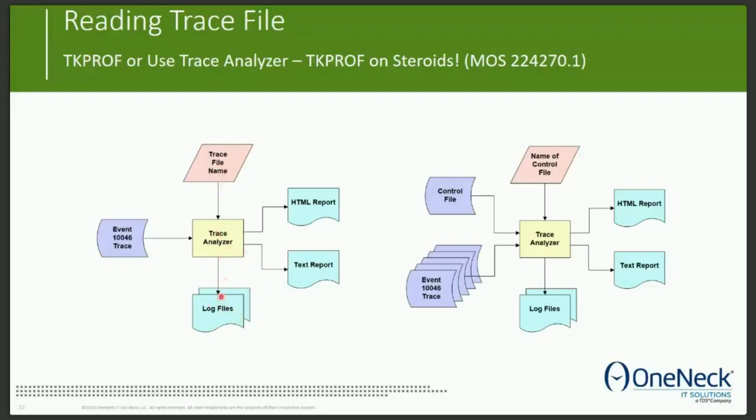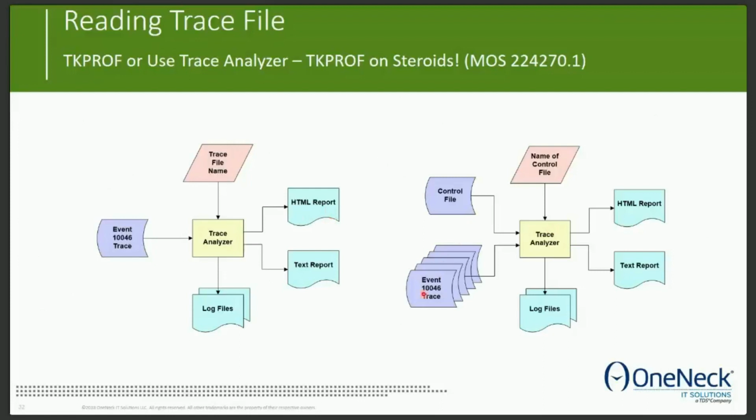It gives you a text file output and an HTML output of the trace file, which is a human readable form in a very, very nice format. It shows you at the top of the report what the time-consuming SQL and sessions are, and statistics and all kinds of information from the trace. Very, very cool.